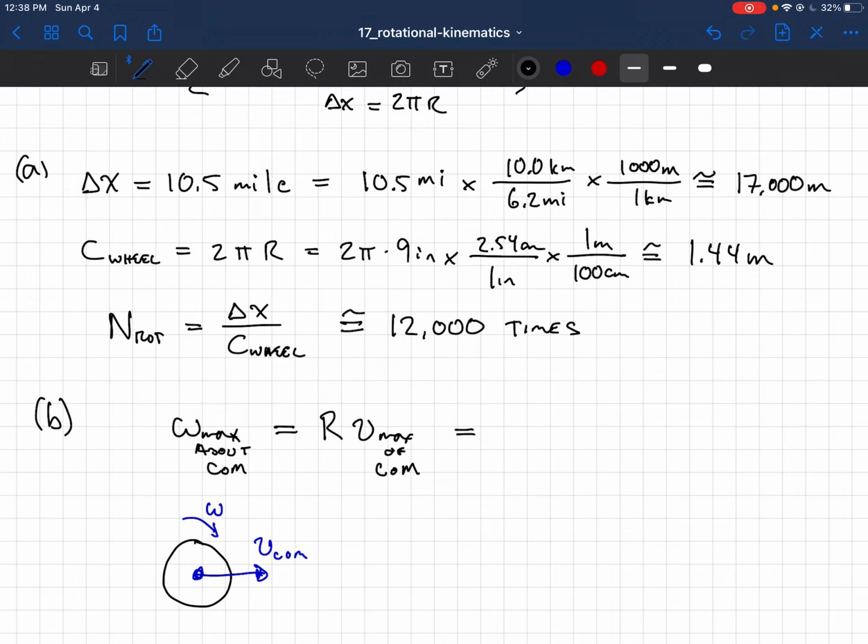Well, r is just the radius of the wheel, so that's going to be 9 inches. We have to do that conversion again.